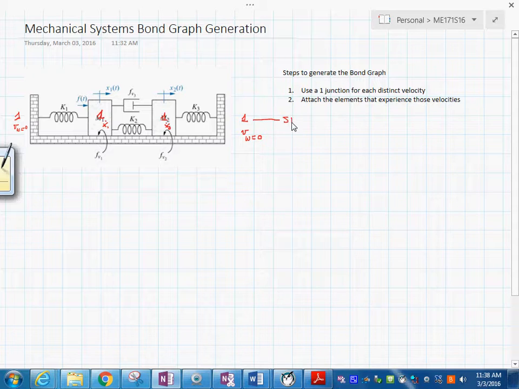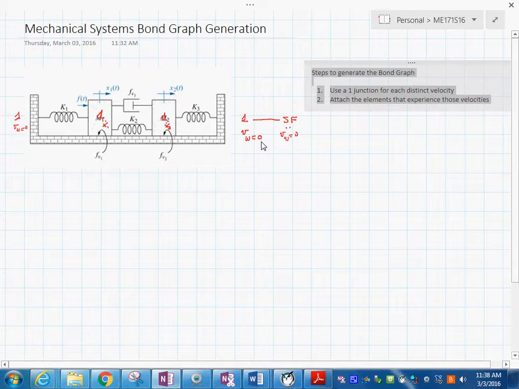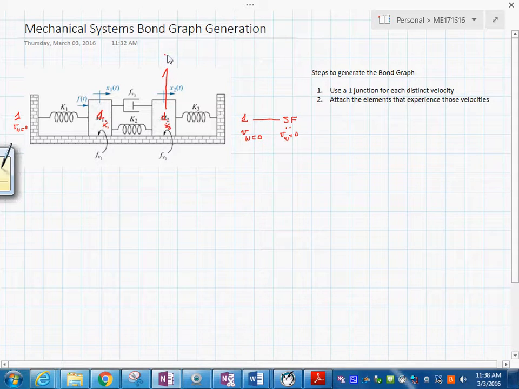Okay. I would say that on this one right here, we have the I element over here with value m2. This one, you have the I element with value m1.